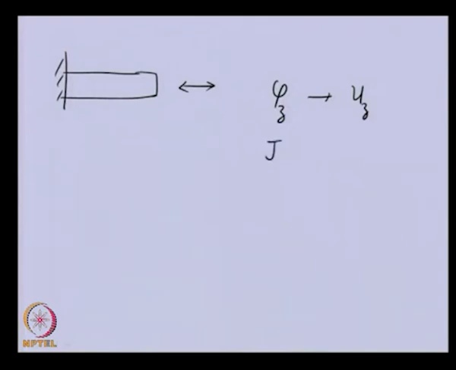So, for axial vibration, if we are talking about a shaft having axial vibration, that means longitudinal vibration, and we want to analyze this system, we need to replace the angular displacement which we took in the torsional vibration by axial displacement, that is a linear displacement, and the polar moment of area J we need to replace with A, G we need to replace with E, and torque we need to replace by force.